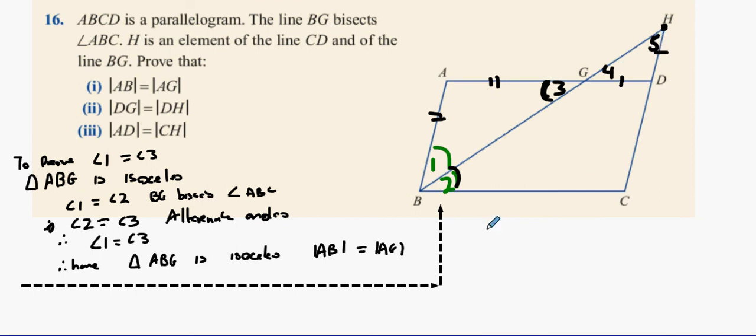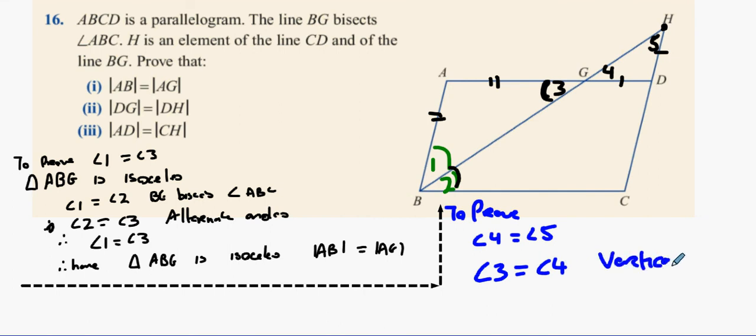So to prove angle 4 equals angle 5. What we're going to say is that angle 3 equals angle 4 because they're vertically opposite.